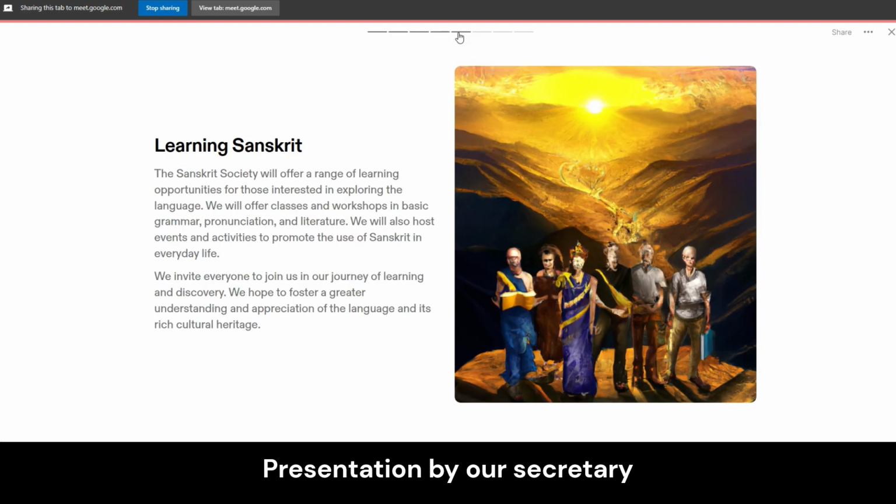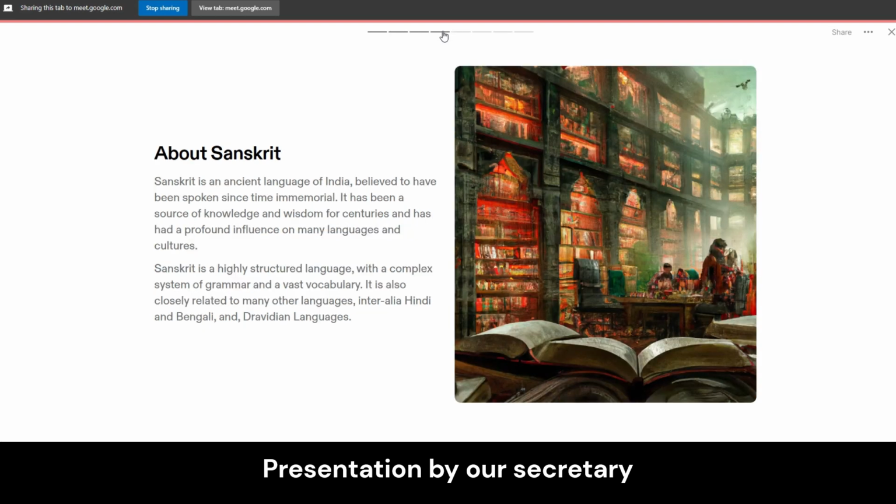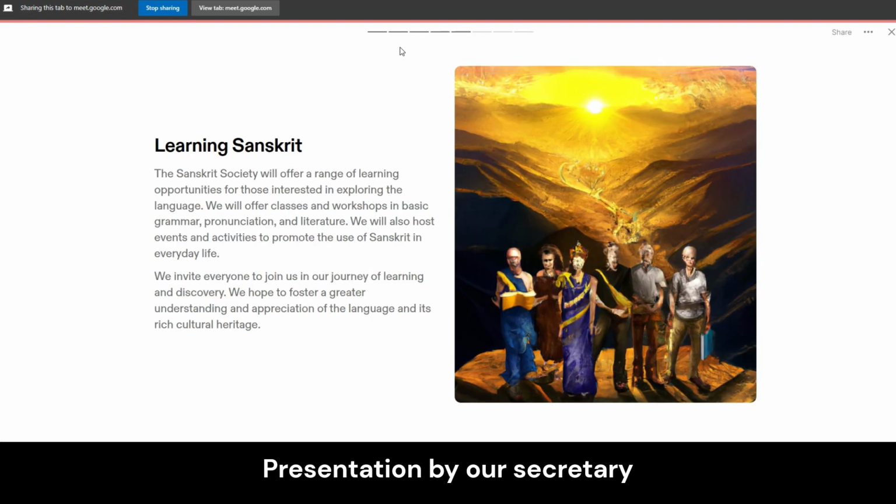It forms the basis for many scripts like Devanagari. We can also learn Sanskrit in relation with many other languages, like Hindi and Bengali.